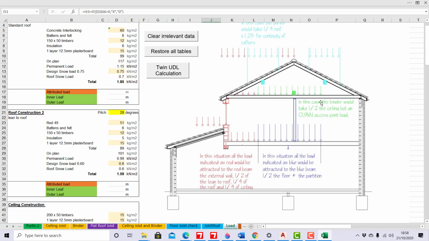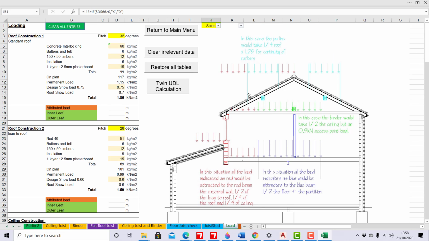Okay. So now we've just got to basically go through the elements that it supports. So the first thing it supports is a roof. We've got two roofs here, a standard roof and a lean-to roof, just in case, like on this beam here, it supports two roofs.